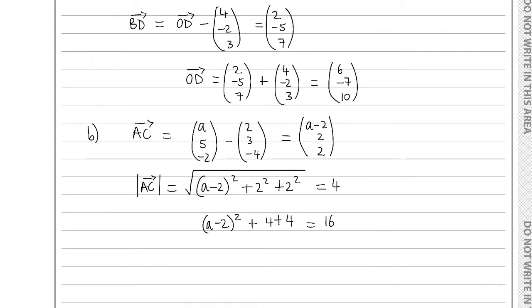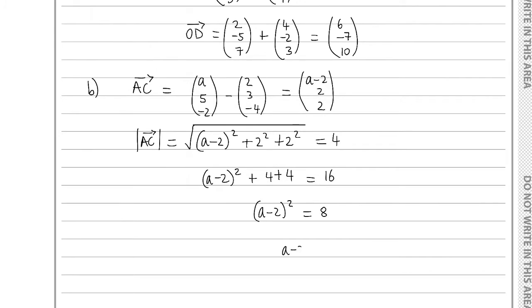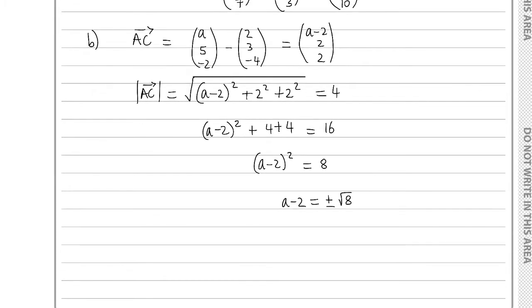I've squared both sides, which means that (a - 2) squared is 8. So a - 2 is plus or minus the root of 8, leading to a being 2 plus or minus root 8.